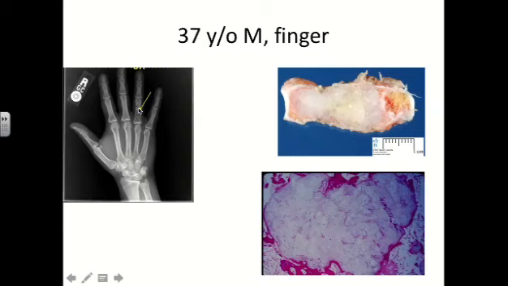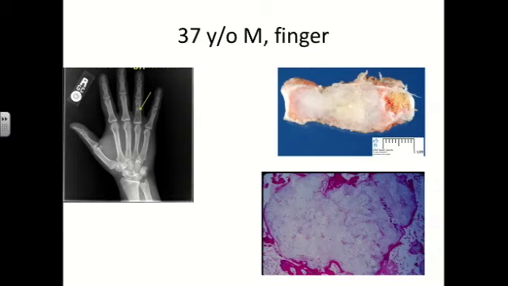And then Anton pointed out the fact that this is very well circumscribed. It's got a little bit of calcification in it, which can be pretty typical for cartilaginous tumors. And then this is showing you a very well circumscribed kind of gray-white lesion, which is also what cartilage looks like when you cut it. And then here you're seeing hyaline cartilage in a well-circumscribed nodule. So this would be an enchondroma, okay?